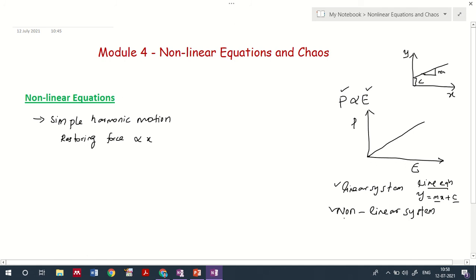So basically for a linear dependency, we have to represent the equation in the form mx plus c. At least we have to get it as linearly dependent.